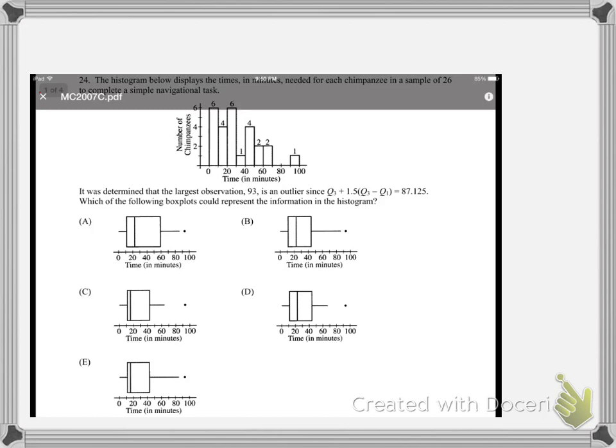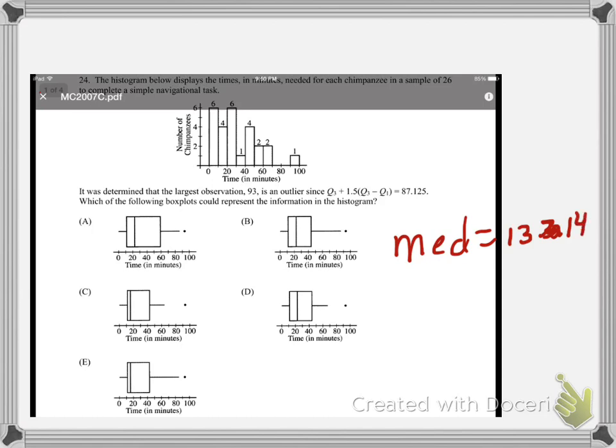So let's first talk about median. Median is 50%. And so what is half of 26? So that's 13, all right? And so we're basically looking for the 13th guy, okay? Sometimes it's plus 1, so let's say 13 or 14.